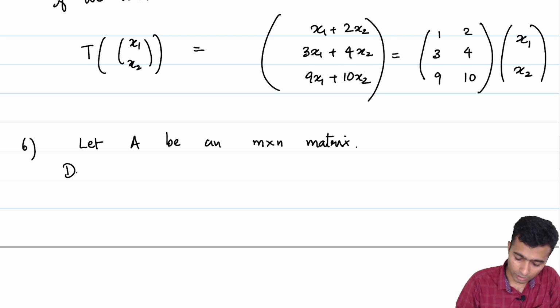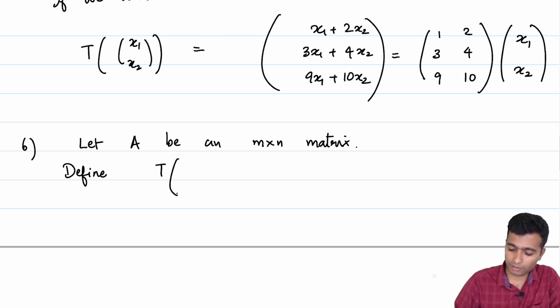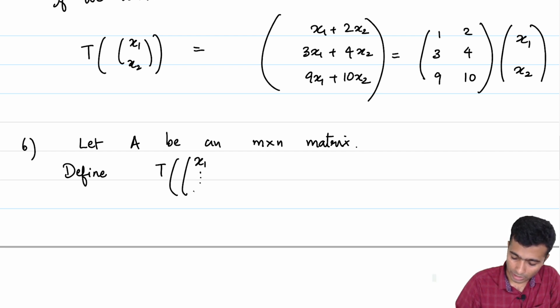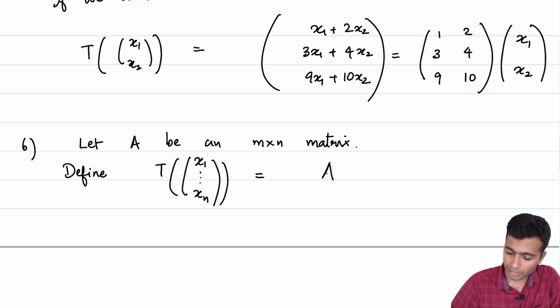Then define T of an n-vector, so right now we will be treating all these as columns, x1 up to xn, to be equal to A times the vector x1 to xn.